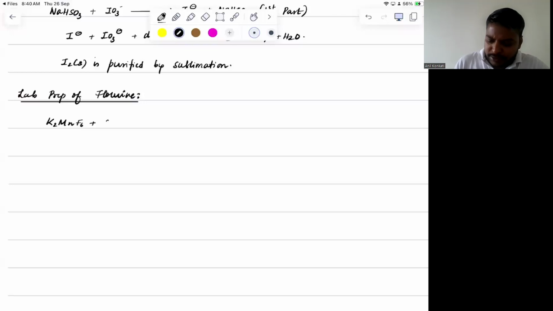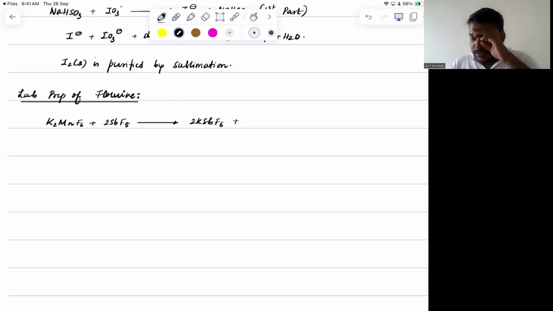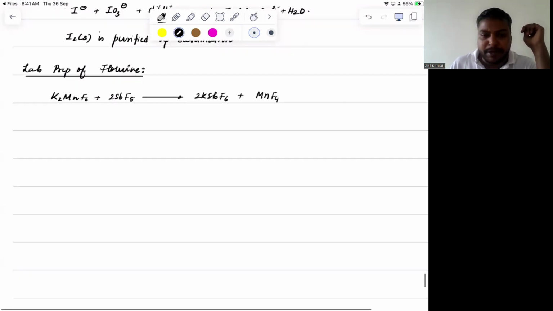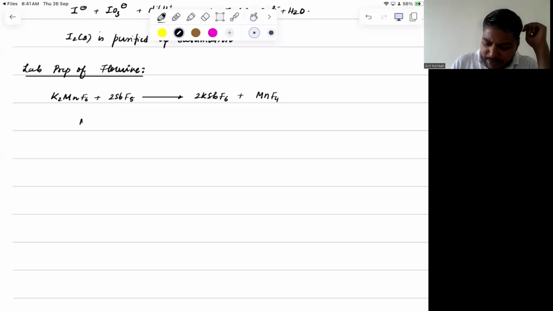When you treat this with SbF5, that would give us 2 moles of KSbF6, a complex, because SbF5 is a Lewis acid and it will immediately get fluorinated whenever fluoride-providing groups are present. So you'll get MnF4. MnF4, on heating, will convert into MnF2 plus F2.